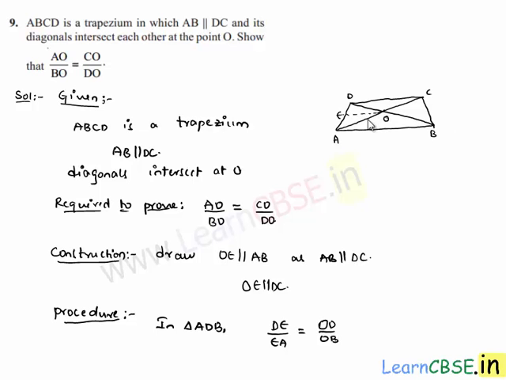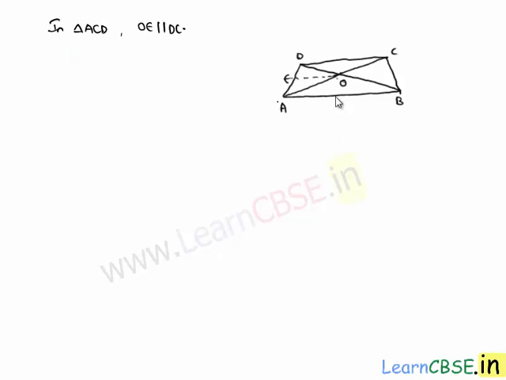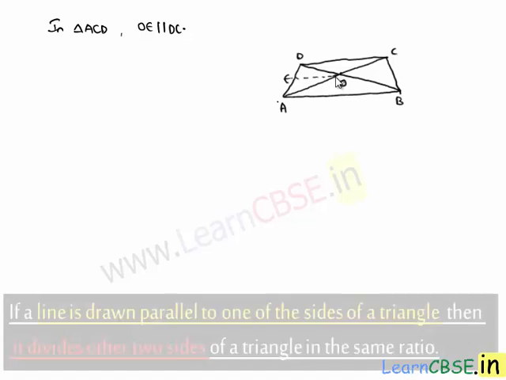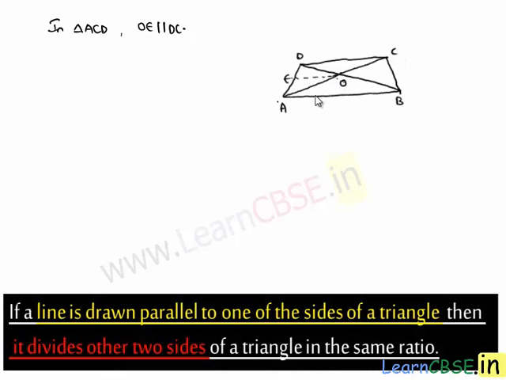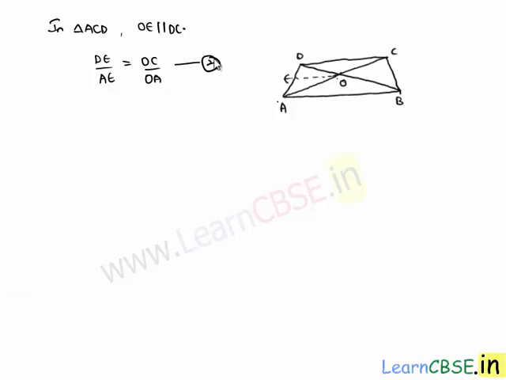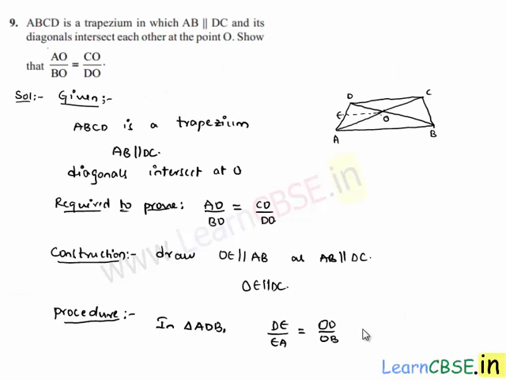Similarly, if we consider the triangle ACD, OE is parallel to DC. From the basic proportionality theorem, we can say that DE by AE is equal to OC by OA. Let it be equation number 2.